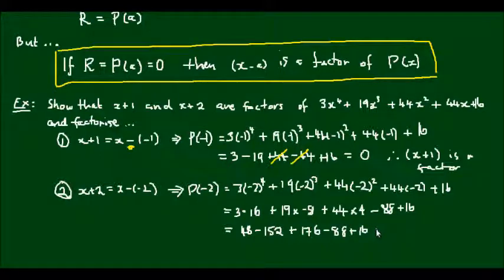Alright, let's now see what my mental arithmetic is like. 48 minus 152 is the same as 152 minus 48 negated, so it's negative 104. 176 minus 88 is 88, and we're left with a plus 16.